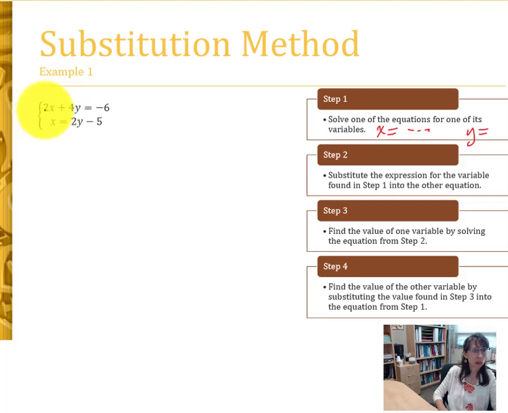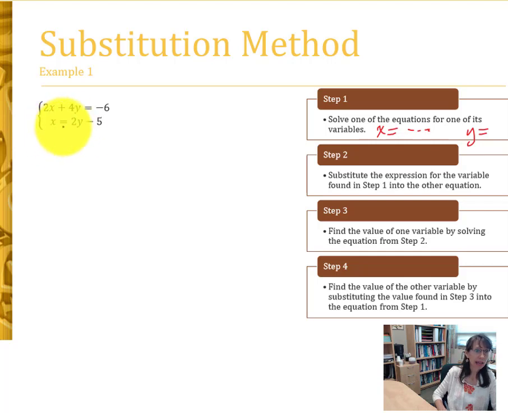In our first line, 2x plus 4y equals negative 6. So neither x nor y has been solved for. In the second line, x equals 2y minus 5. So here we have x isolated already.